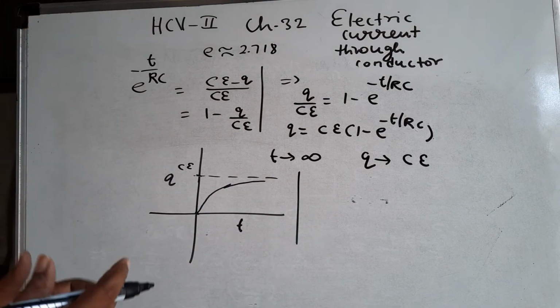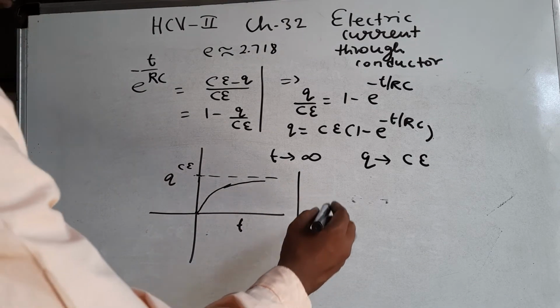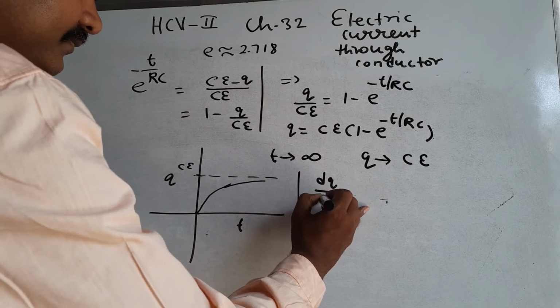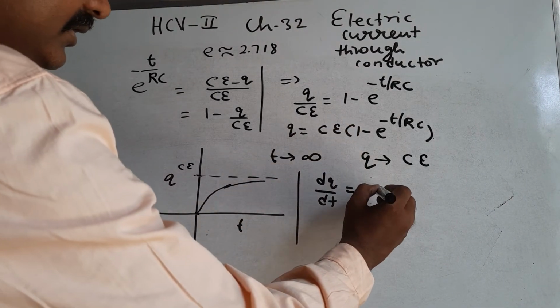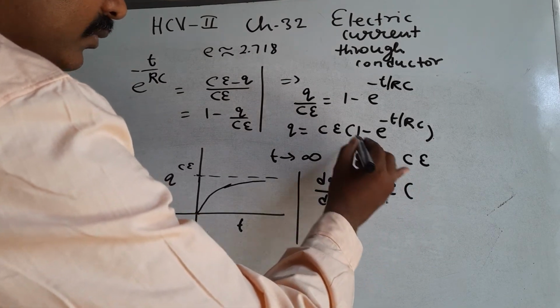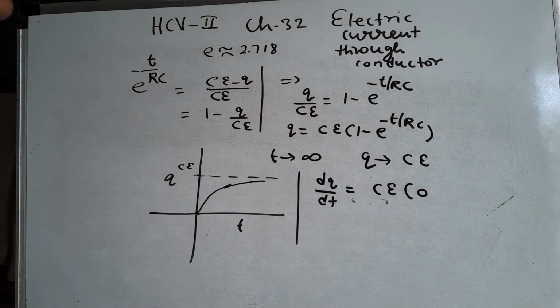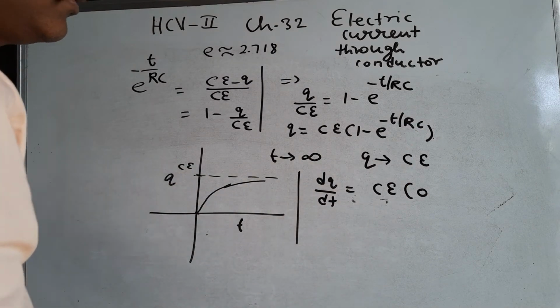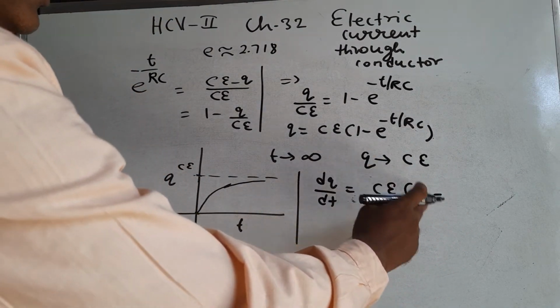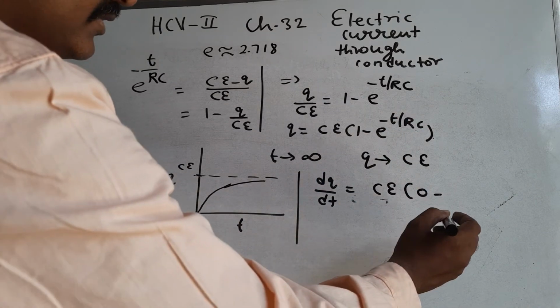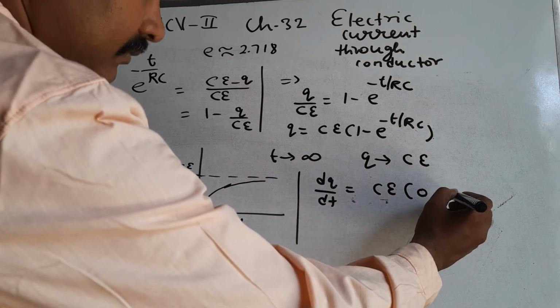Now if I want to know what is the current at time t, I just have to take dq by dt. So taking dq by dt, C is constant and 1 is constant, its derivative will be 0, and the derivative of e power minus t by rc, minus of this is minus, and the derivative of minus t by rc will be minus 1 by rc.